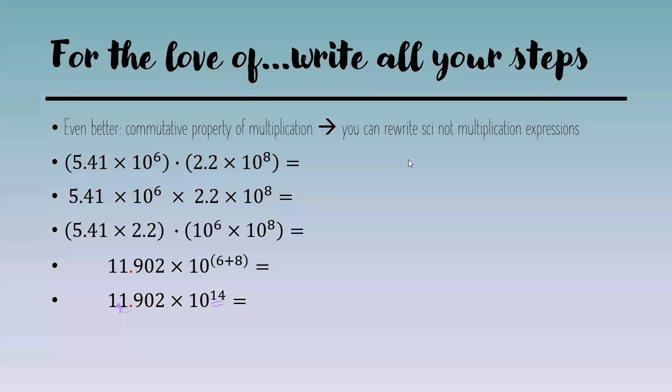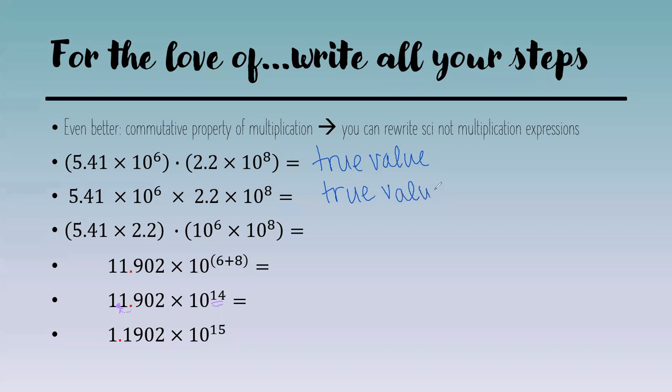So I'm actually going to have to move 15 spaces to show the true value of the number. There we go. So these are all equal to each other because they're all abbreviations for the true value of the numbers.